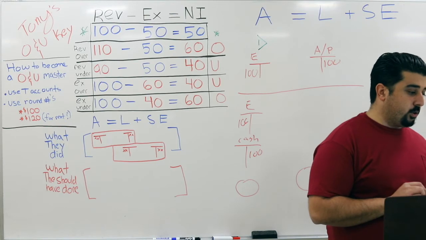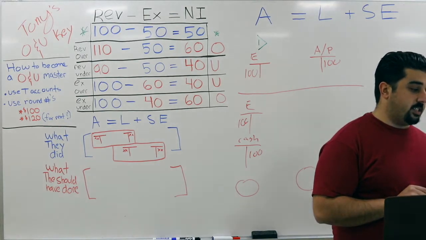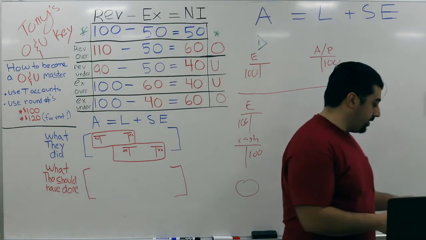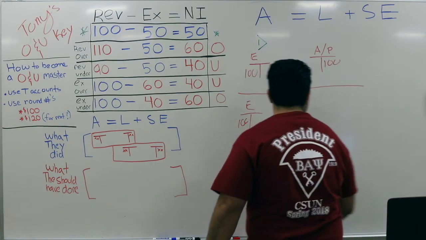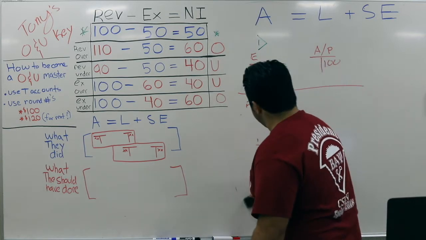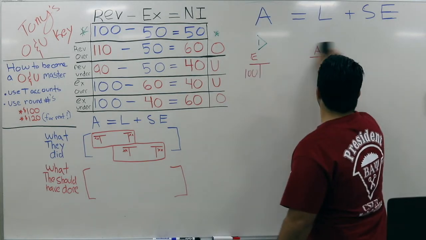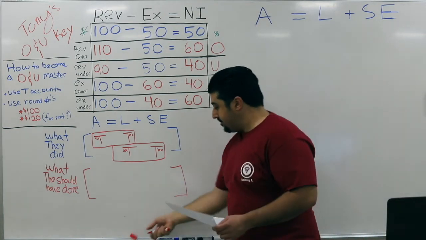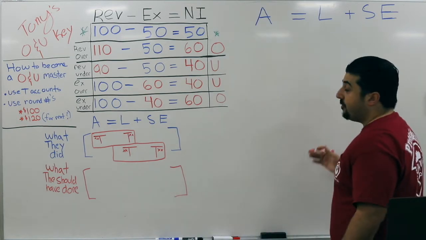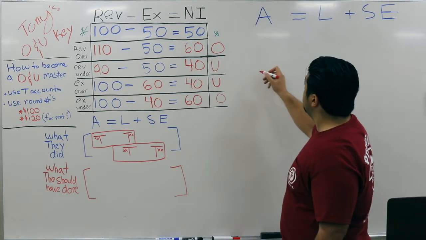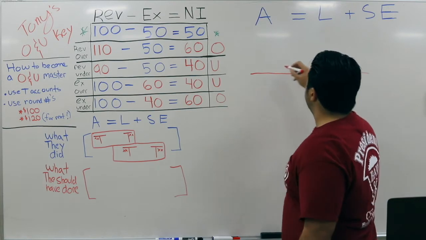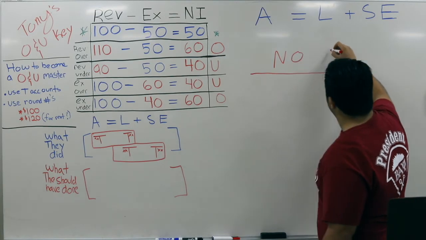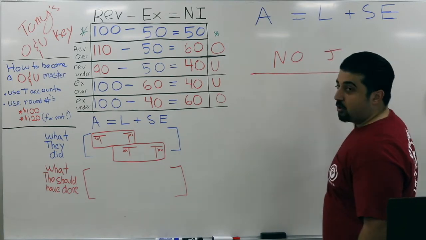Question 2. Failed to record the purchase of merchandise inventory on account. So they failed to record. Being inadequate, they didn't record it. So no journal entry.